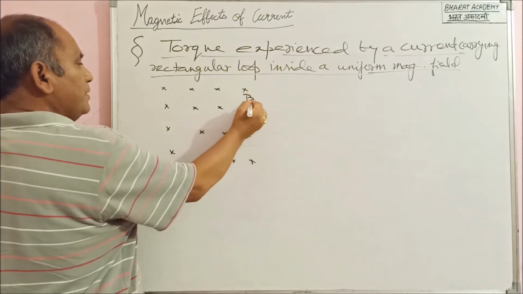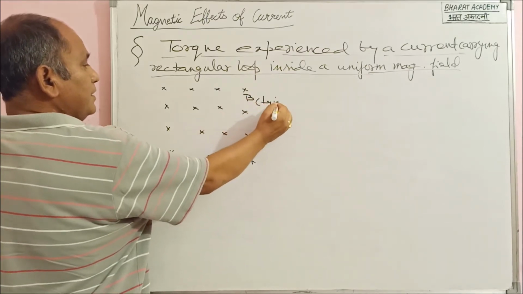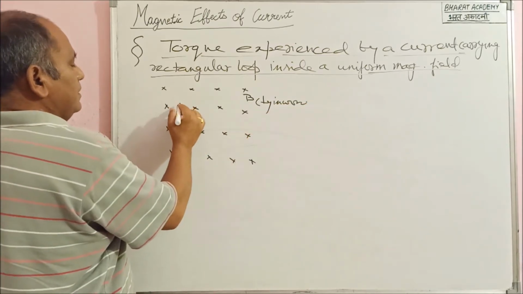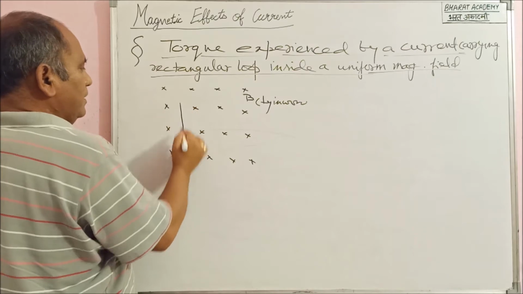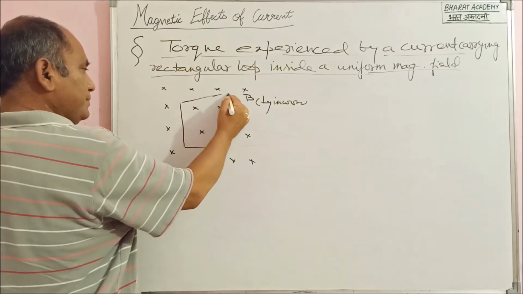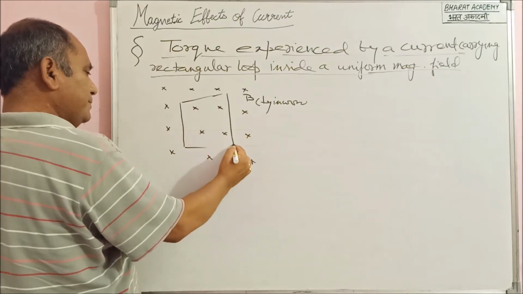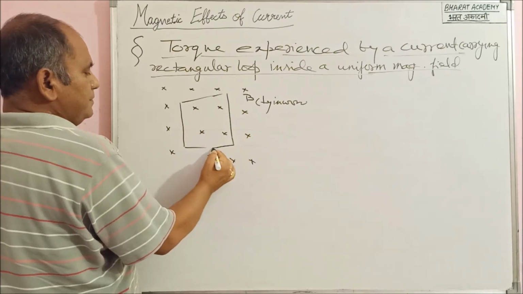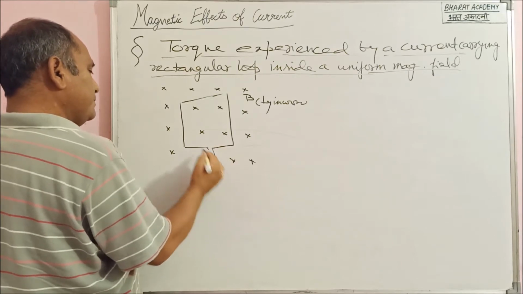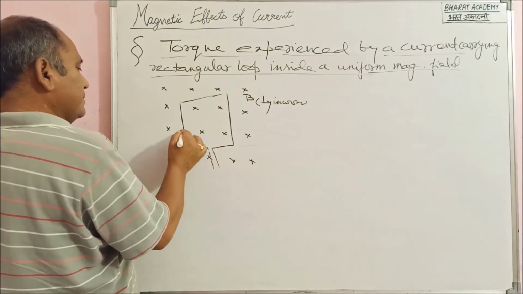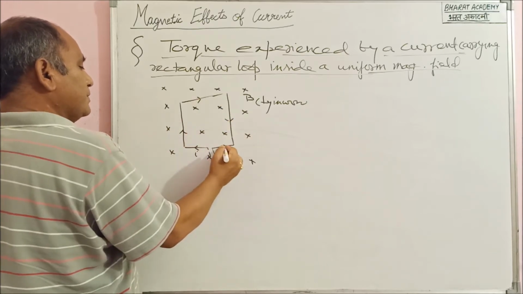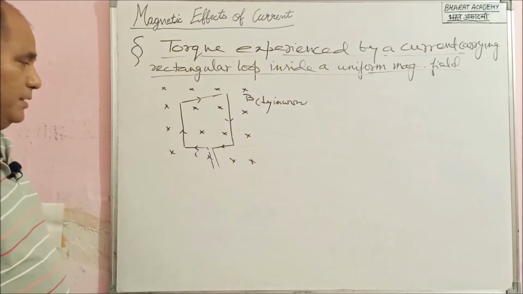Perpendicularly inward to the plane. Magnetic field is perpendicularly inward, right? I am placing a rectangular loop, placed perpendicular to this field, which means both are perpendicular, not only the length and the width.